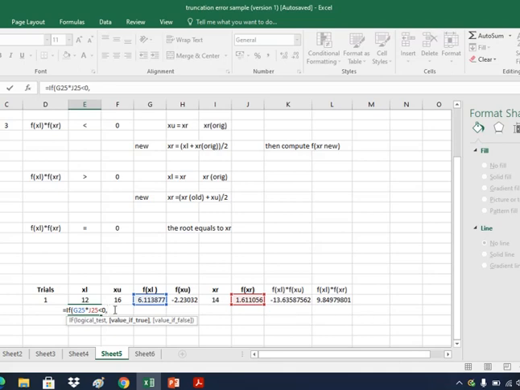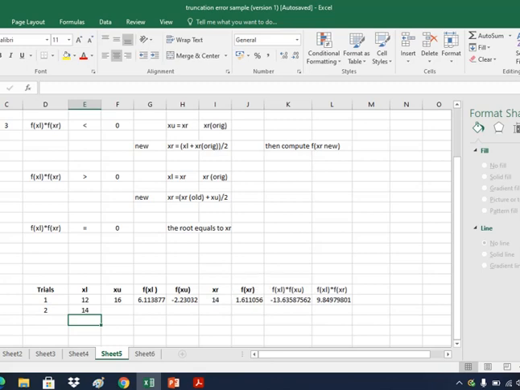Then, XL would be equal to XL. Or else, it is equal to XR. Close. Enter. Okay, so that's 14. Now for XU, so tanggalin na lang natin to para hindi pampagulo.